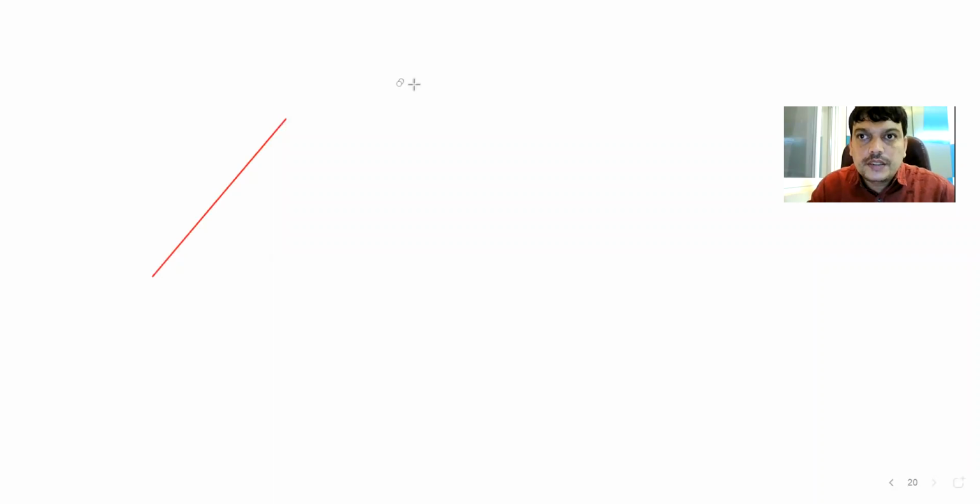One side, then we'll draw one more side and another side again. So this is the triangle that we have. Let us name it as ABC again.